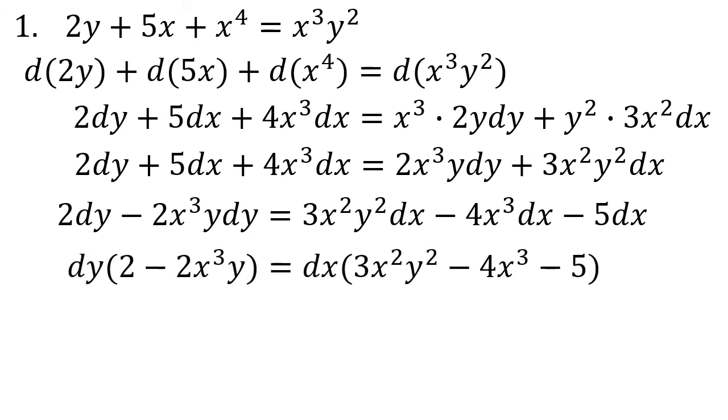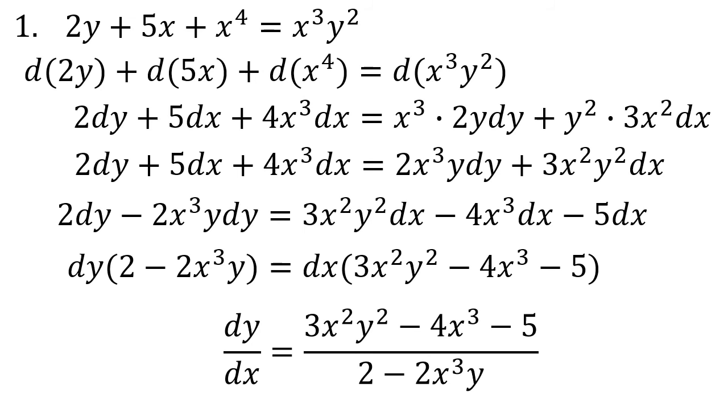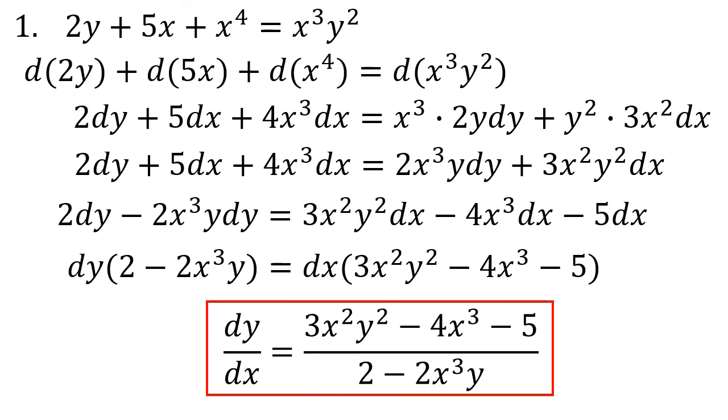So this will become dy times 2 minus 2x cubed y equals dx times 3x squared y squared minus 4x cubed minus 5. Okay, so this will be dy over dx equals 3x squared y squared minus 4x cubed minus 5 all over 2 minus 2x cubed y. So this could be our final answer.